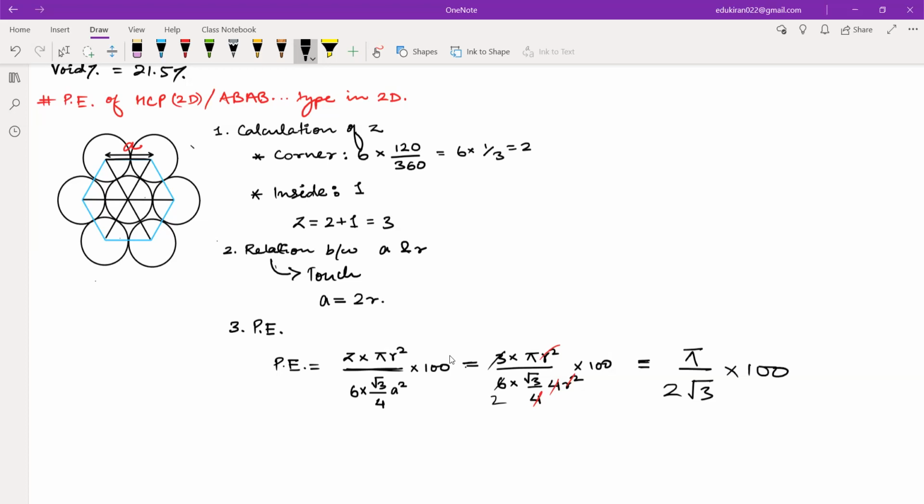What's the value of root 3? What will it be? One point seven, seven, three. Where did you look it up from? I know. You know. Okay, fine.